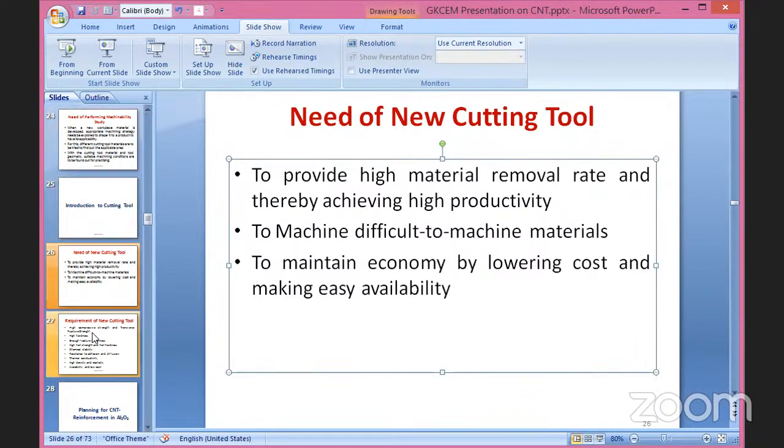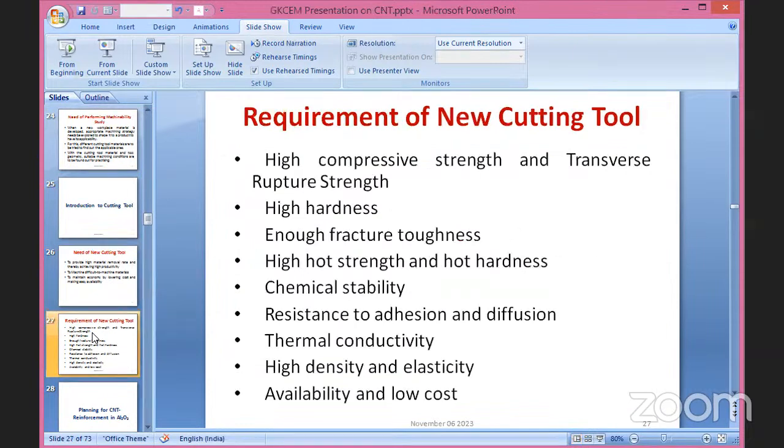But while going for the development, you should know what basic properties the new cutting tool should have. One is high compressive strength and high transverse rupture strength. So under shock loading, or under usual types of loading, it should have a high amount of strength. It should not fail miserably. It should resist it.